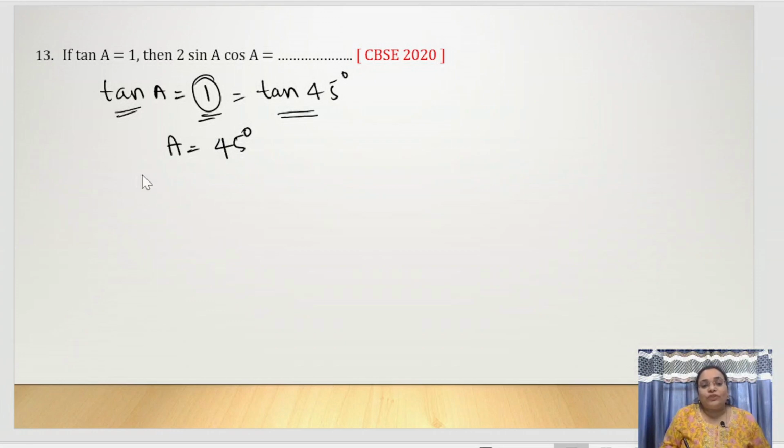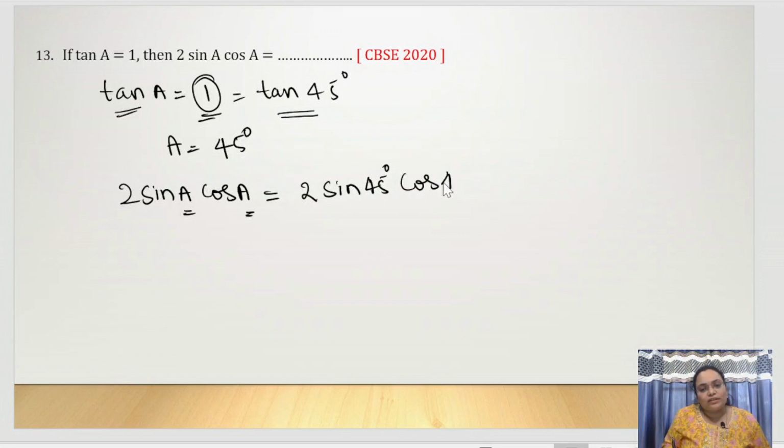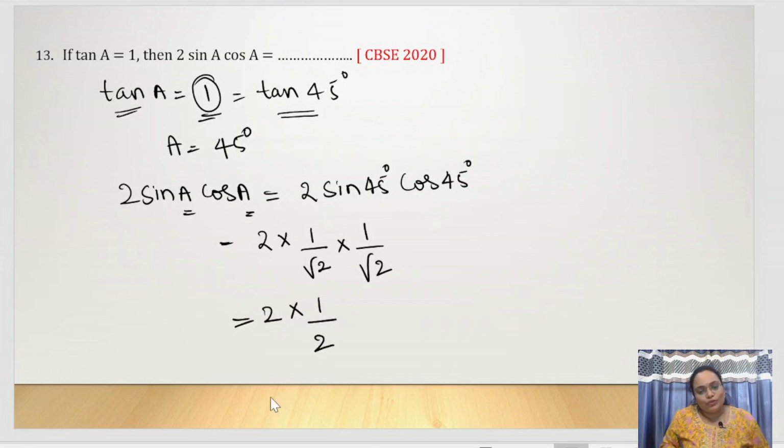Now we need to find 2 sine A cos A. We know the value of A, that is 45, so 2 sine 45 degrees cos 45 degrees. That is 2 into sine 45, which is 1 by root 2, into cos 45, which is 1 by root 2. So 2 and 2 will get cancelled, which is 1.